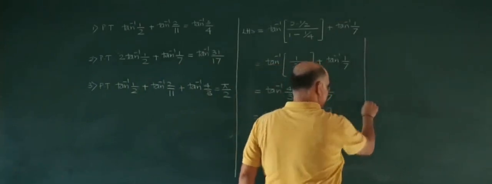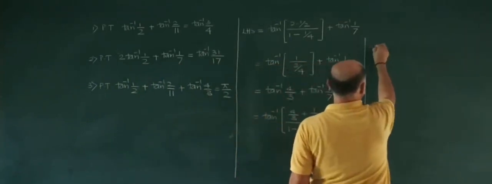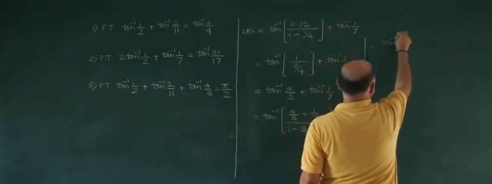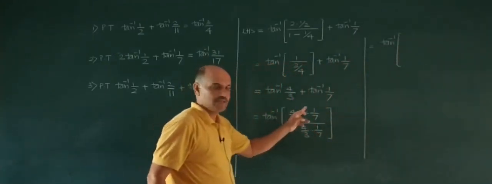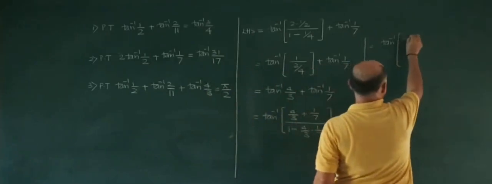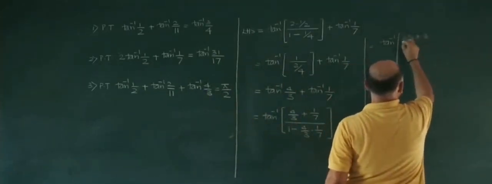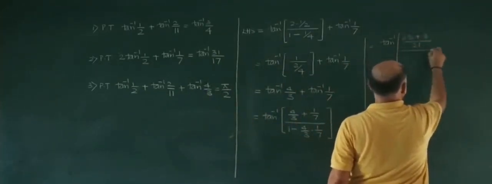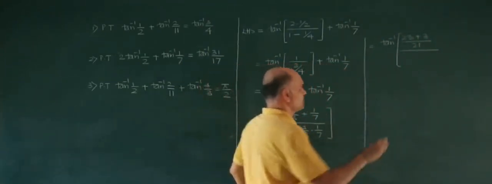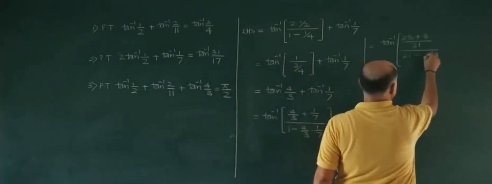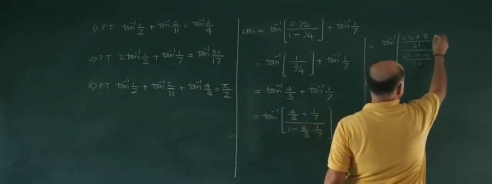So we will have tan inverse of 28 plus 3, 7 4s are 28, plus 3 divided by 21, whole divided by 21 minus 4 divided by 21.